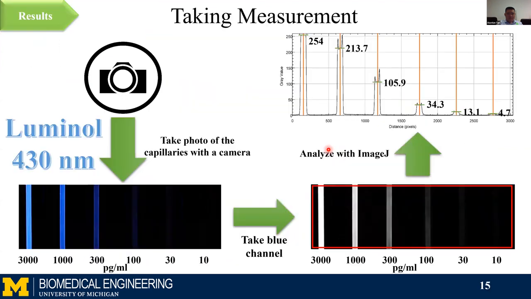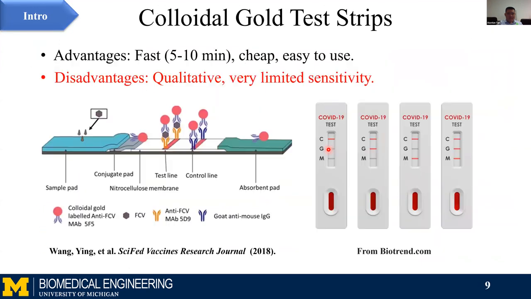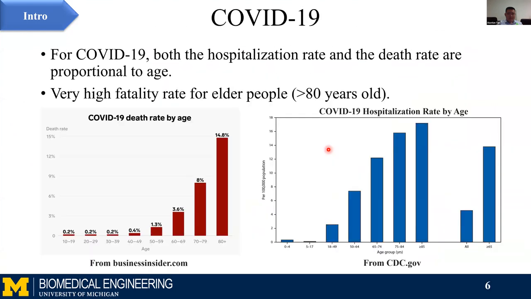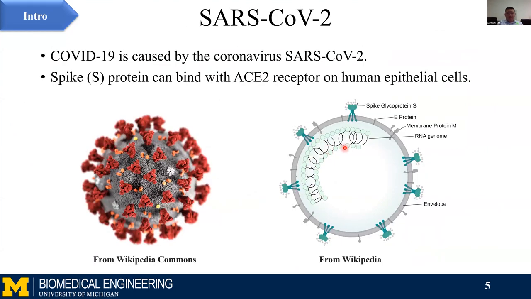Let me get back to the first slide. The N protein is basically on the inside of this virus. So if you want to detect it for therapeutic purposes, I would say anti-S protein IgG is more important. But if you want to do it for diagnostic purposes, then probably anti-N antibody is also very important.